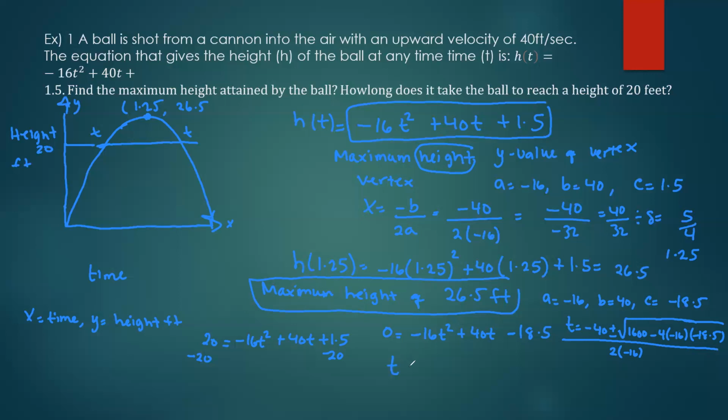One would be, I'm just going to round to the nearest tenth, so 0.6, and our other time is 1.9. So if you have a time that's negative, you could exclude that value because we can't go back in time. It makes sense, right? This is very close to 0. And then you have another time at 1.9. Okay.